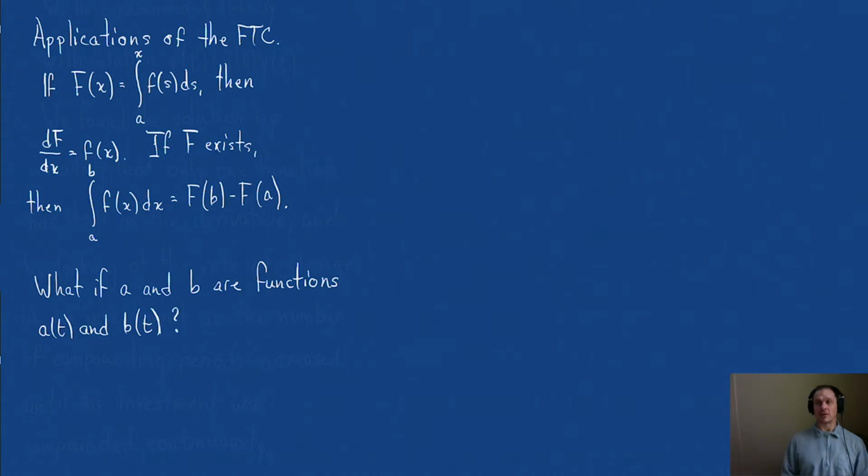Well, let's see what happens. So, in other words, what I want to show you is this: if we take the derivative with respect to x of the integral from a to x of f of s ds.